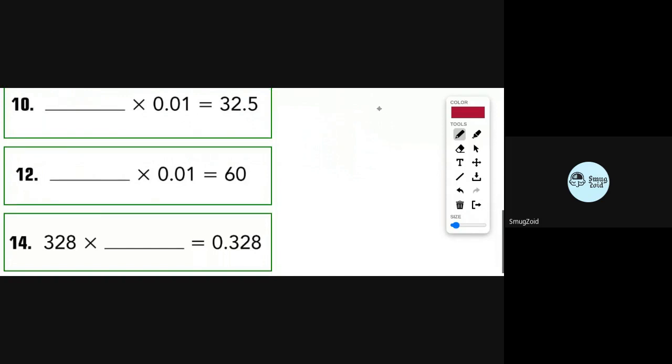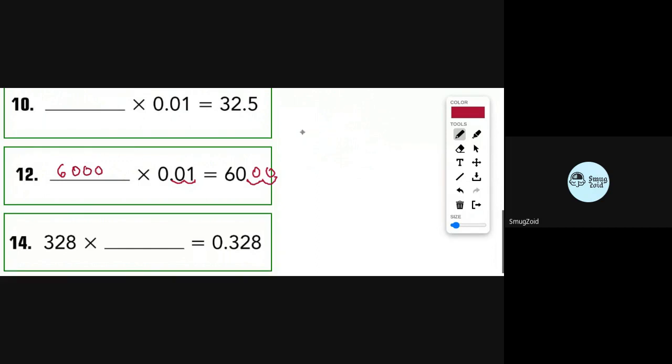Let's look at 12. 12, same thing. We're going to move this twice. 1, 2. Starting here, 1, put a 0. 2, put another 0. So we're thinking it's 6,000 was my starting number.